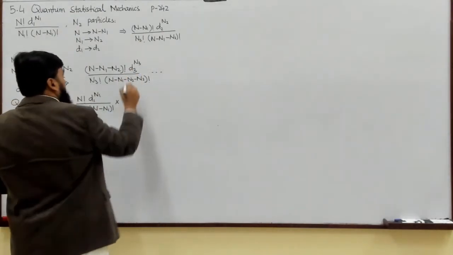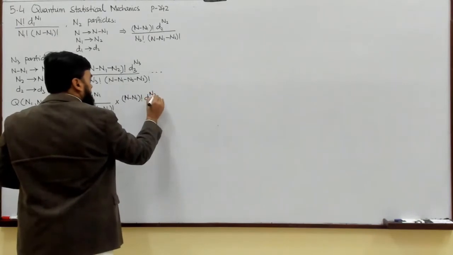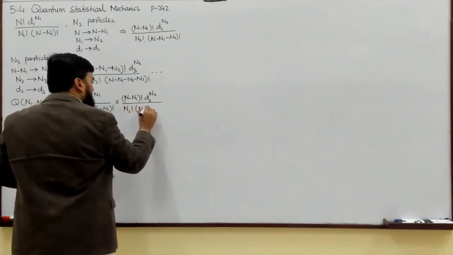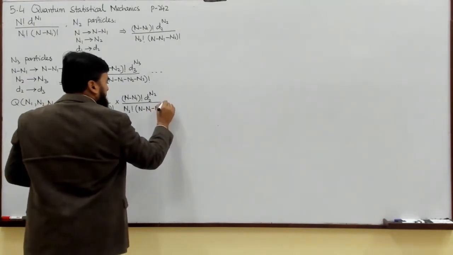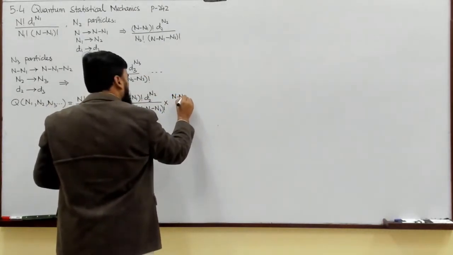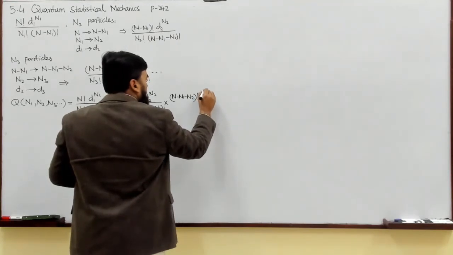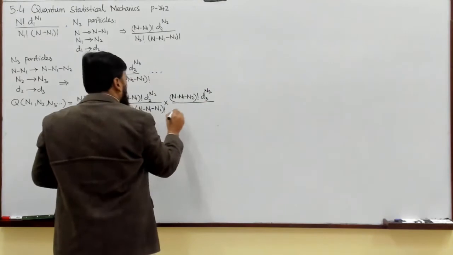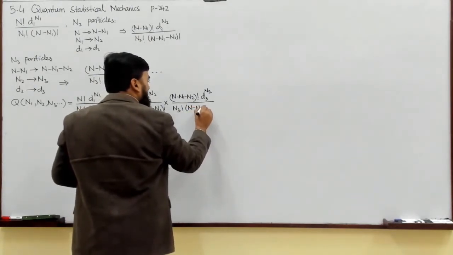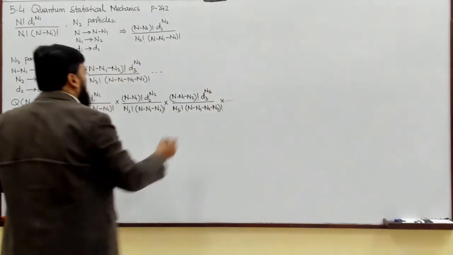This is multiplied with this n minus n1 factorial d2 to the power n2 divided by n2 factorial and n minus n1 minus n2 factorial, multiplied by the last one, which is n minus n1 minus n2 factorial d3 to the power n3 divided by n3 factorial and n minus n1 minus n2 minus n3 factorial and multiplied by another and so on.